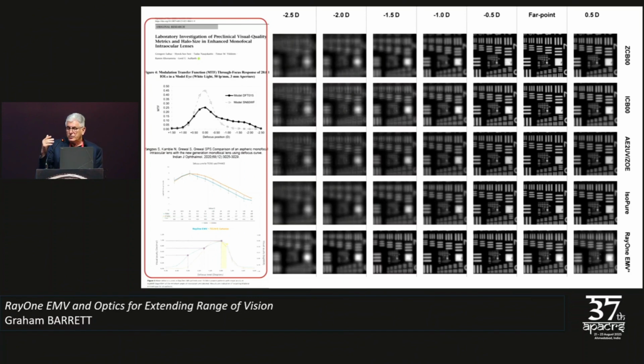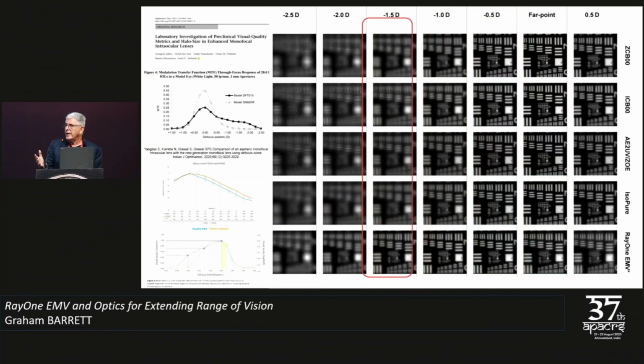One thing you can do, if you look at this paper by Gerd Auffarth, is do a resolution target and simulate directly, looking at the resolution target, the impact of that particular extended depth of focus lens. One thing is quite clear when you look at that comparison in Gerd's paper: in order to get reasonable reading vision with all these extended depth of focus lenses, you need to add some myopic defocus in one eye, if you look at the binocular defocus curve.